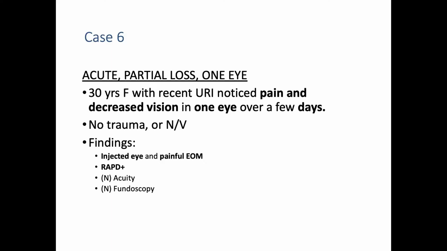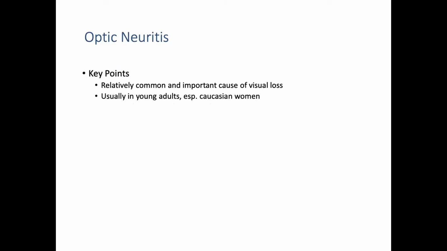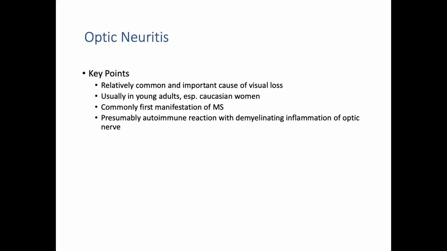Yeah, the area around the eye was fine, so there were no signs of infection. But I'm hearing you, and I agree with you. It could be, but the area around the eye was fine. So again, for time, we're looking at optic neuritis. It's a relatively common and important cause of visual loss, usually in young adults, especially Caucasian women, and it may be a first manifestation of multiple sclerosis.